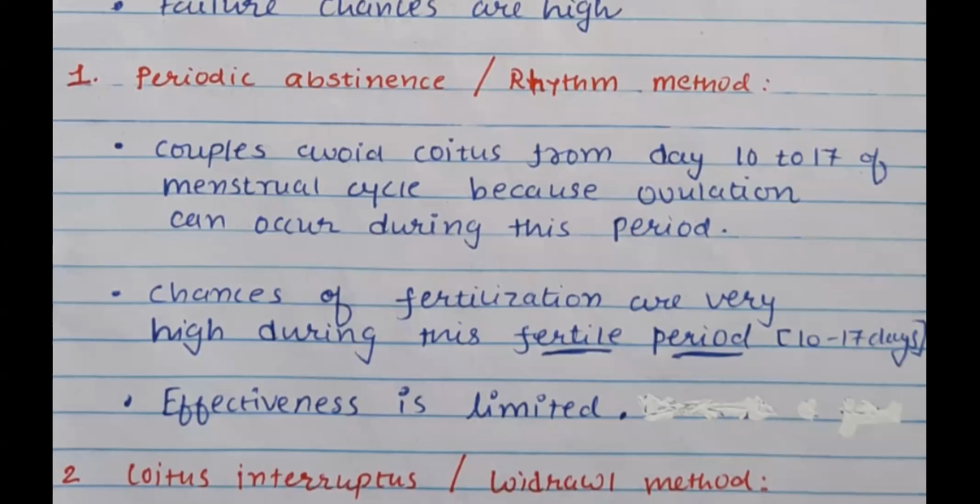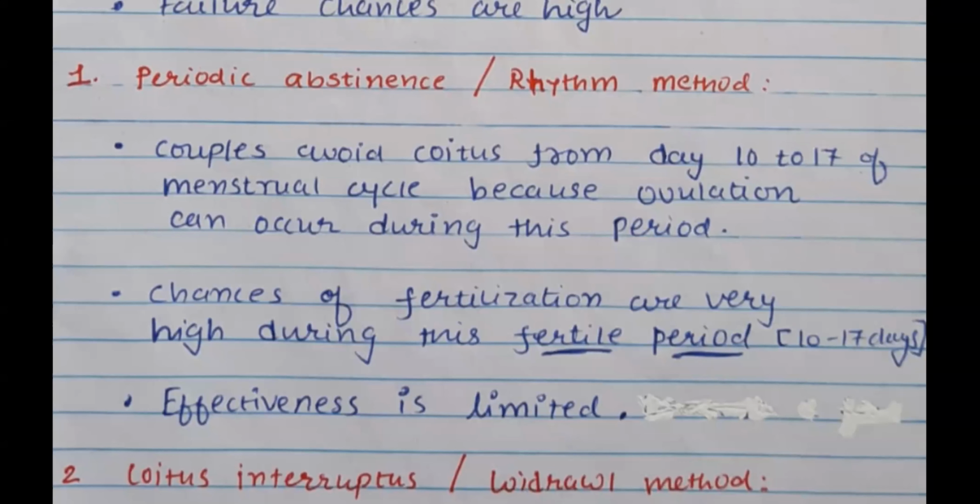Next, do you know the viability period of sperm in the female genital tract? Once the sperms enter the female genital tract, for how long? Not hours, it is days.